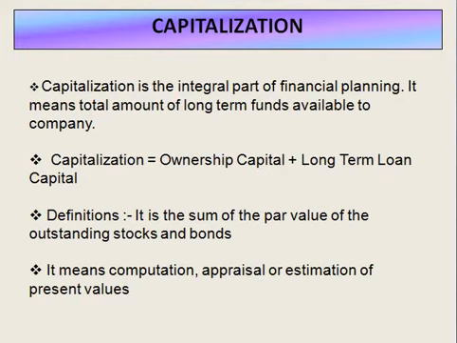If you see in detail, we can explain the capitalization in a different way. Capitalization is a combination of four main factors. The first one is the share capital, the second one is the free reserves, the third one is debentures, and the fourth one is long term loan.